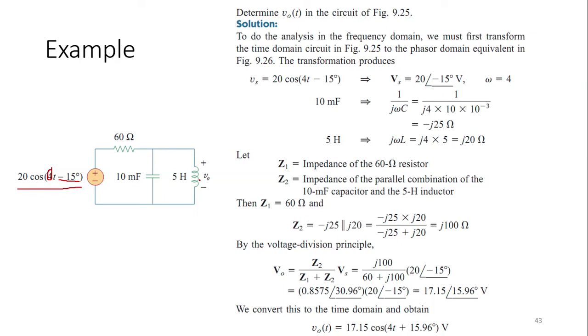Because these two elements are in parallel, whatever the voltage across the parallel combination is also the voltage across the 5 henry inductor. So the final result is v0 equals 17.515 cosine of 4t plus 15.96 degrees. In phasor domain it's given like this.